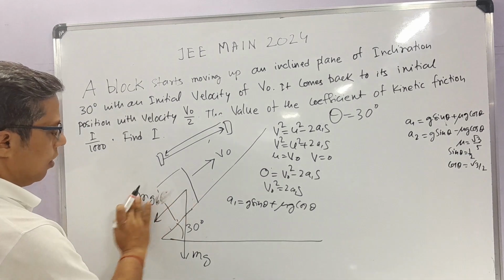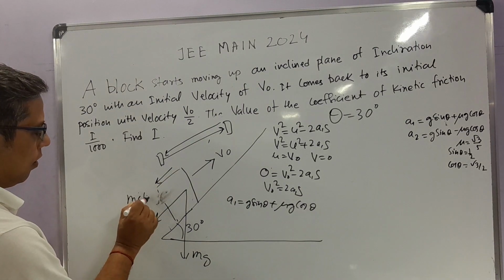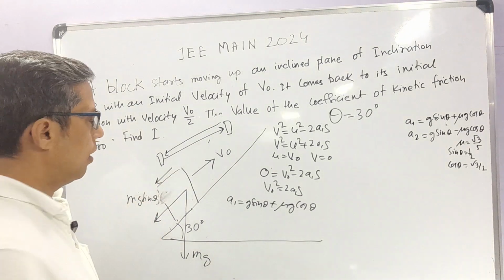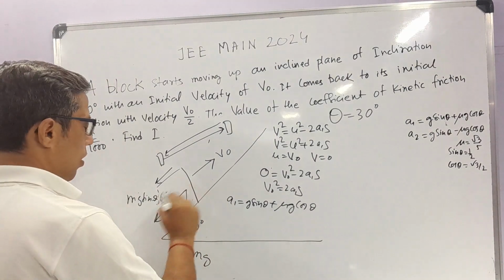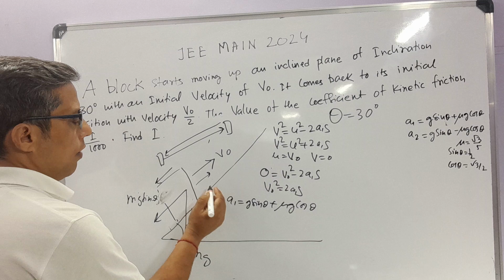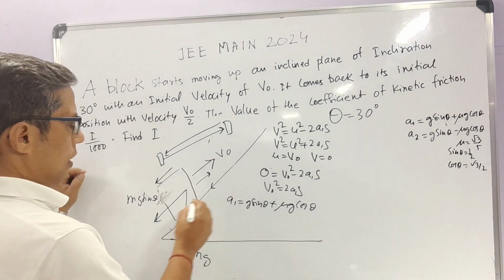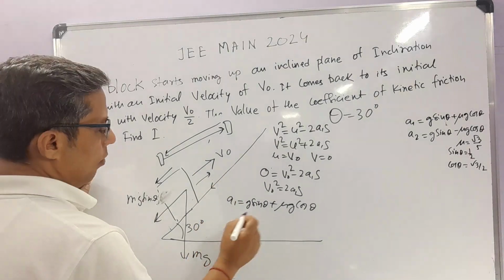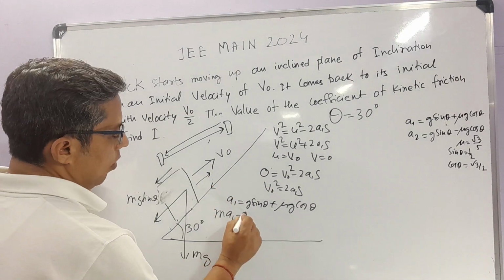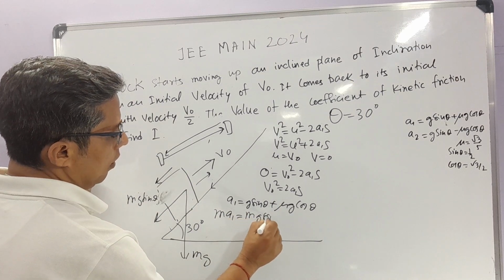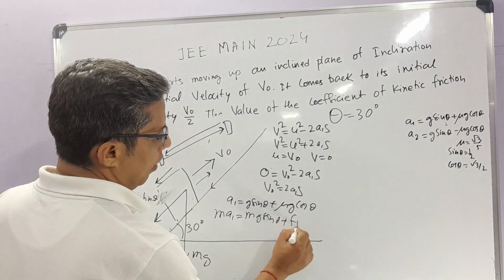When the block is moving upward, the friction force will be downward, right? So what will be the equation of motion? m a1 is equal to mg sine theta plus Fs or Fk.